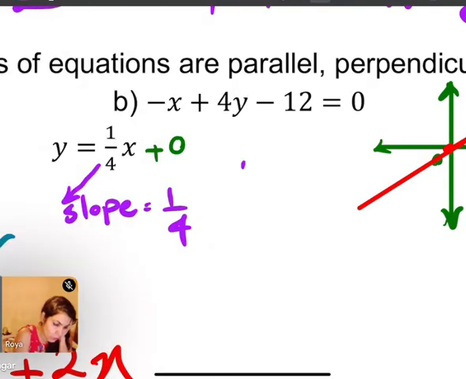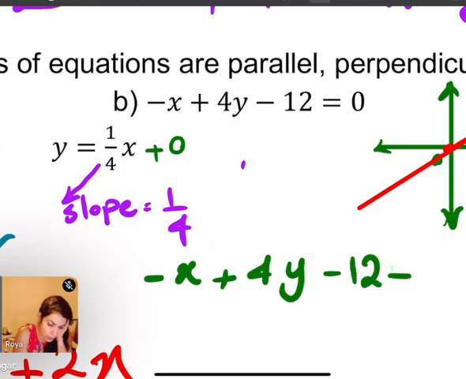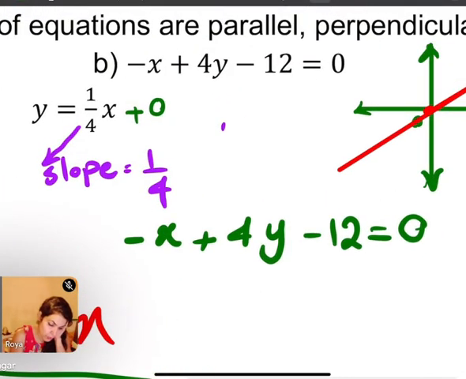Now we are going to look at the first equation. What is the slope here? I'm going to write it down again. Negative x plus 4y minus 12 equal to 0. So my goal is to isolate y. Move everything to the other side. So I'm going to move negative x to the other side.